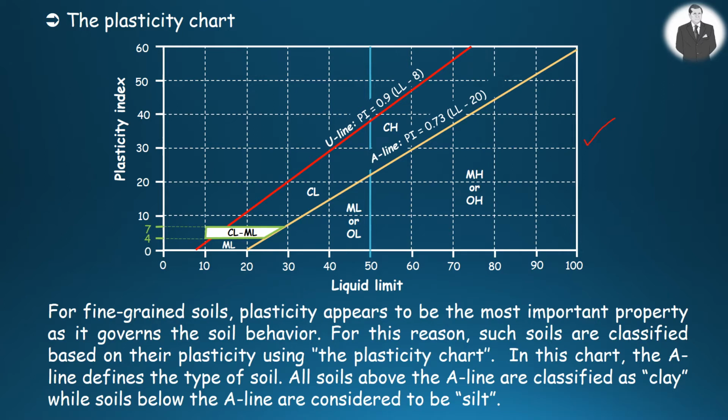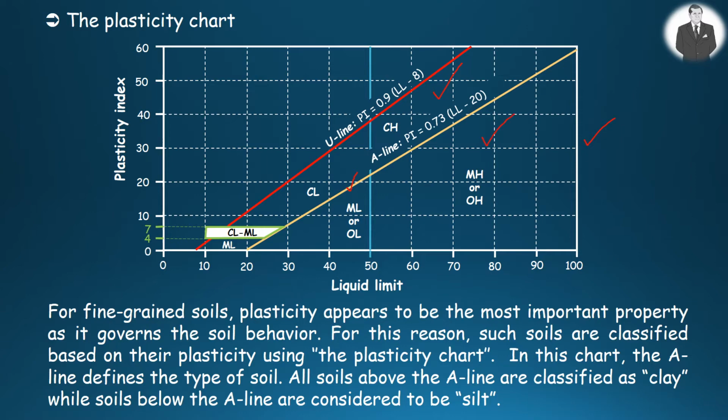In this chart, the A line, which is the yellow line in the figure, defines the type of soil. All soils above the A line are classified as clay soil, while soils below the A line are considered to be silt.